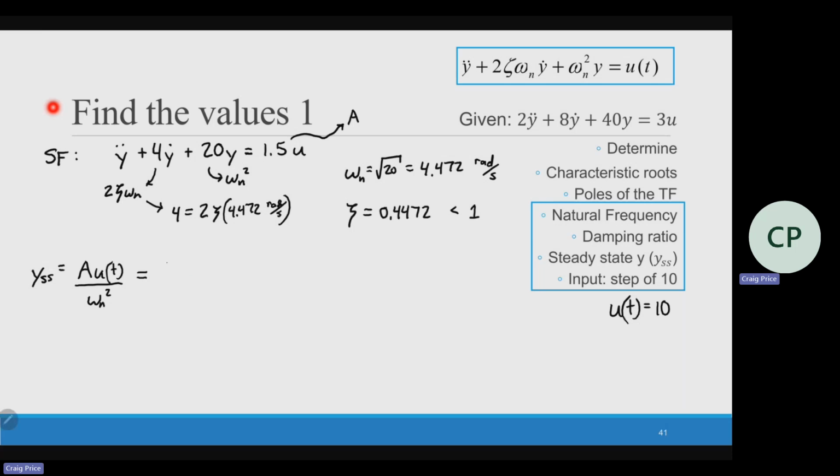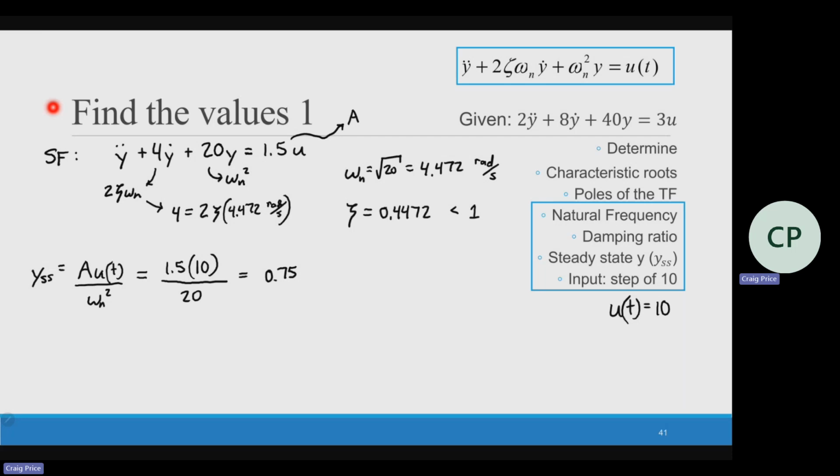So this is going to be 1.5 times the input, which is a step of 10, divided by the natural frequency squared, which is equal to 20. So this becomes 0.75. That is my steady state. And if this is mechanical, then that would be meters. So there should be some units to this, but that would be my output.